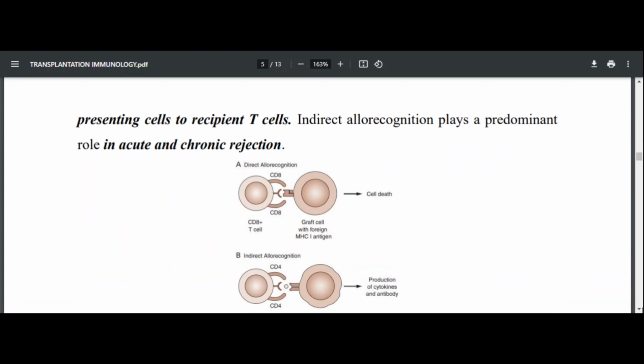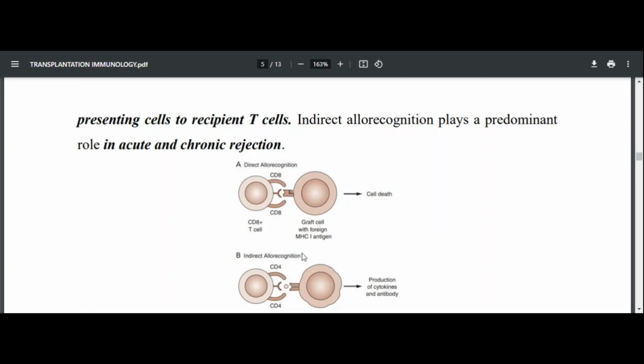But in direct allorecognition, the immune cell can recognize an antigen directly on a grafted tissue, or recognize it when the antigen expresses certain peptides on its HLA molecule presented directly to the cell. That is what leads to cell death, which is a graft rejection.